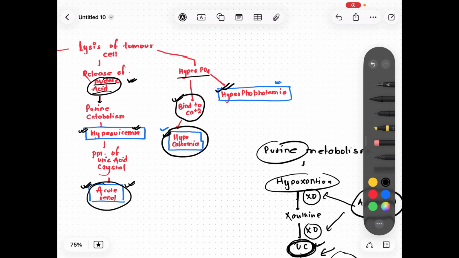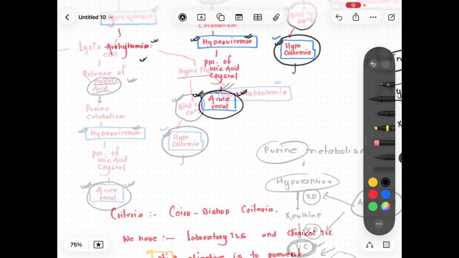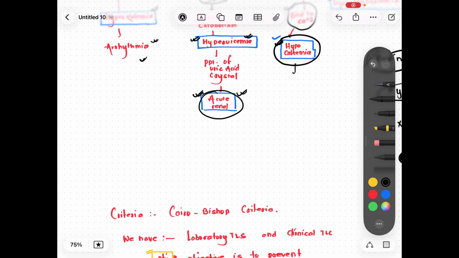Hypocalcemia may present with tetany, seizures or cardiac side effects. Coming to the renal injury mechanism, hyperphosphatemia and hyperuricemia together promote precipitation of the calcium phosphate stone.